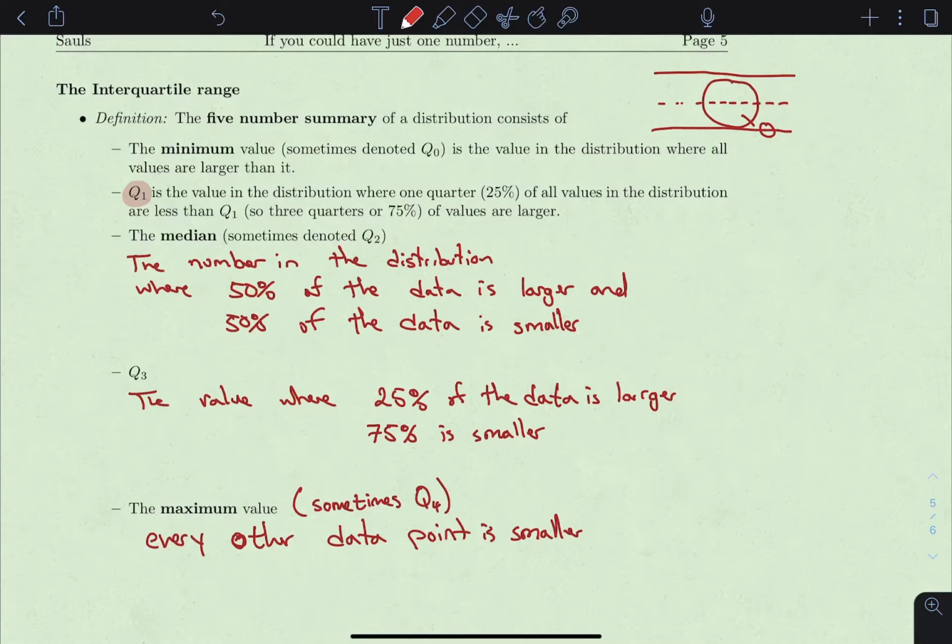So if you have an ordered list of data, the minimum, Q1, median, Q3, and Q4 divide up the data set into chunks so that you have 25% within each chunk.